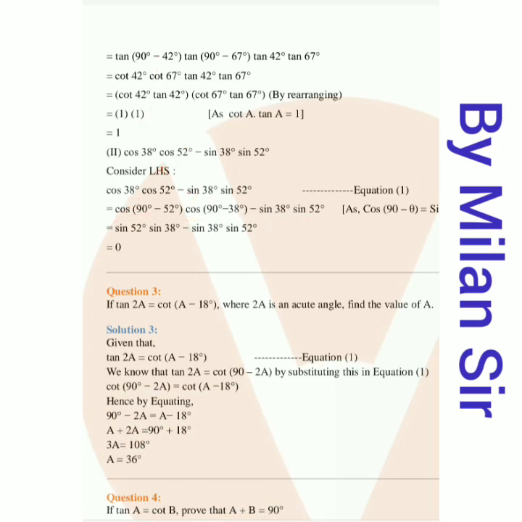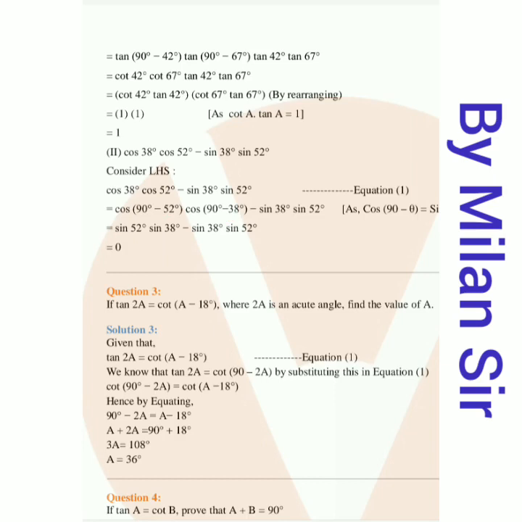Now use the formula cos 90 minus theta is equals to sin theta. So here theta is equals to 52. So answer is sin 52. Here theta is 38. So answer is sin 38 because cos is converted into sin. Again my second term as it is.